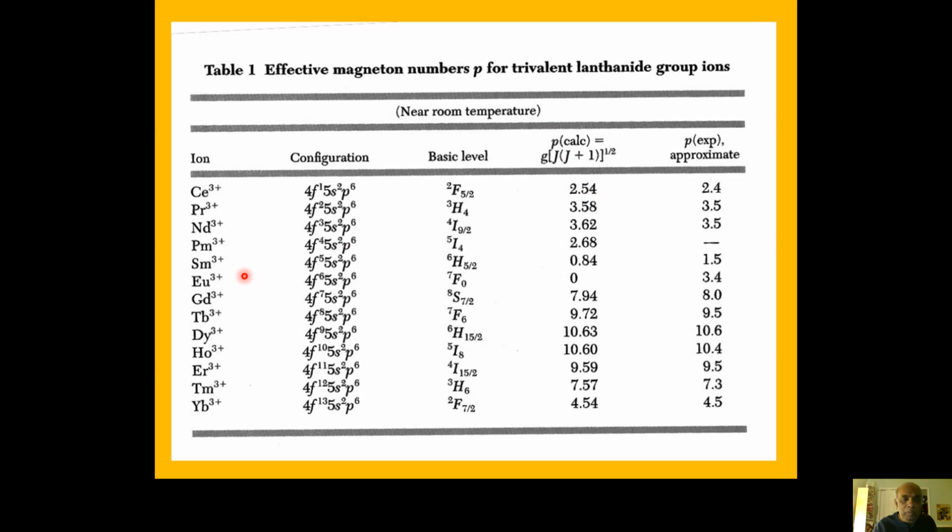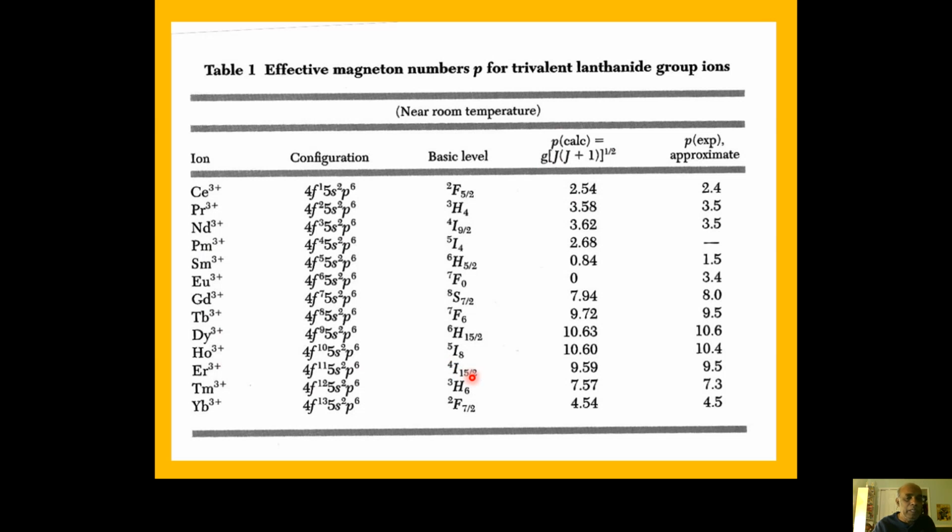Now we already did, if you remember, these two examples. We did Pr and also erbium, right? Remember erbium, when we did, we had 4f^11 electrons. So then we found this was our notation, for I 15/2.